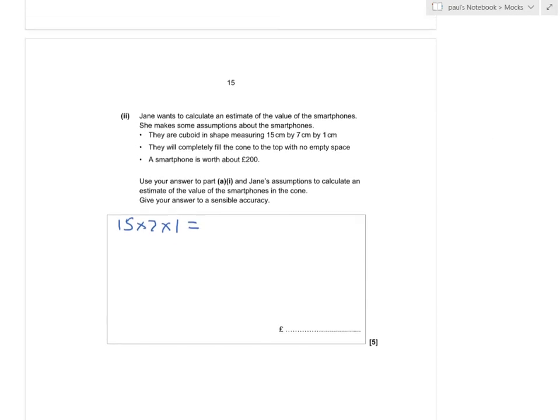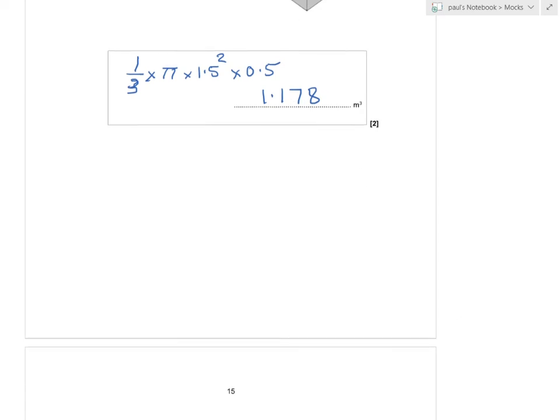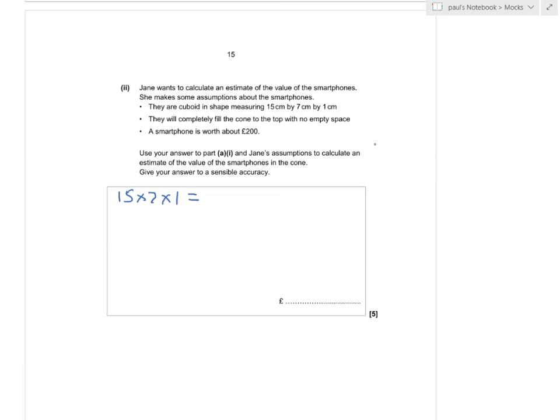Now, hang on. The cone is 1.178 meters cubed. Now, I'm going to change that to centimeters. I'm going to multiply by 100, by 100, by 100.